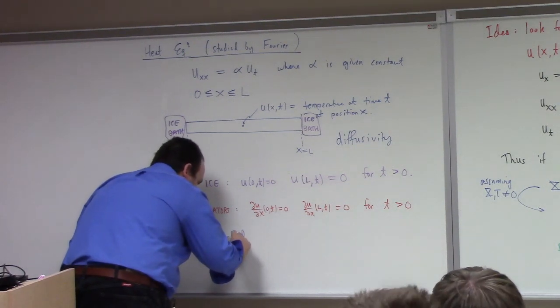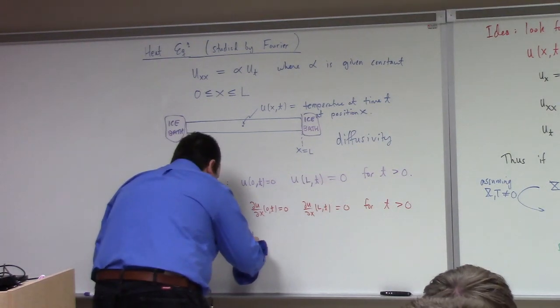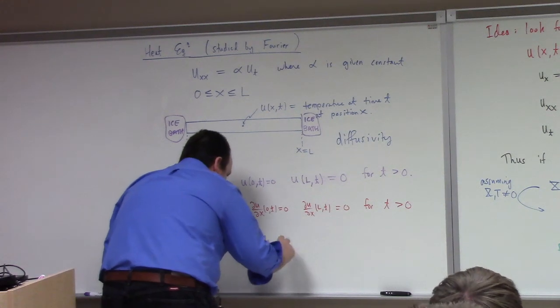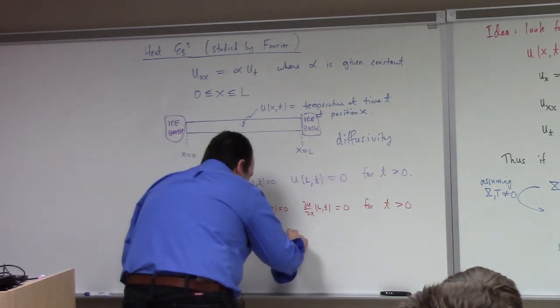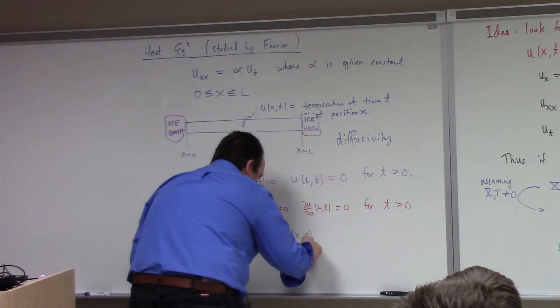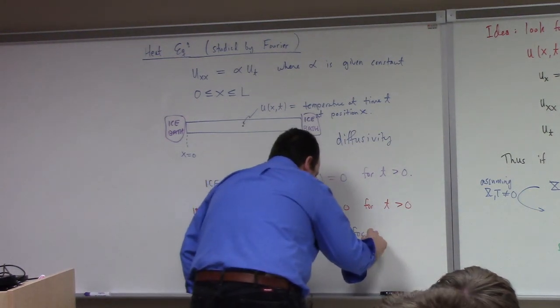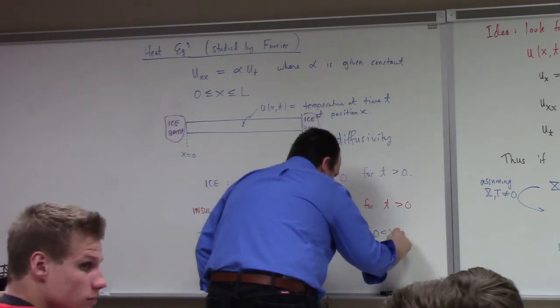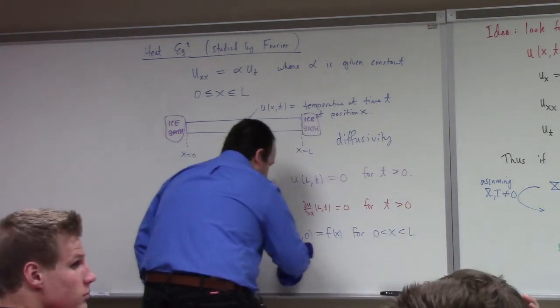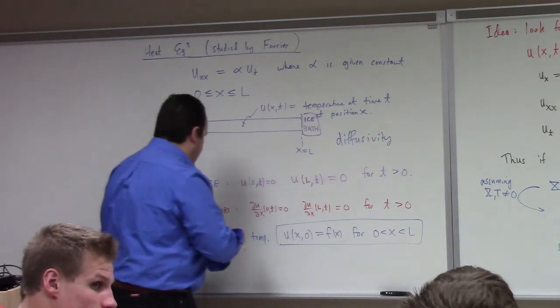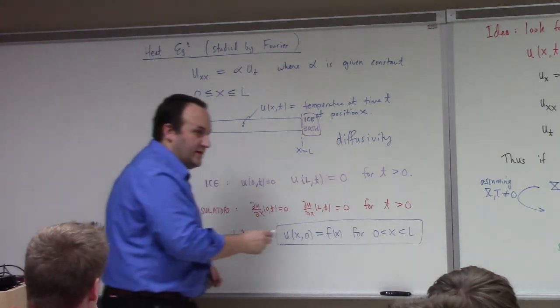Now, we haven't even needed to think about that so far. And that would be u of x comma 0 has to be f of x for 0 less than x less than L. You have to be given this initial condition.